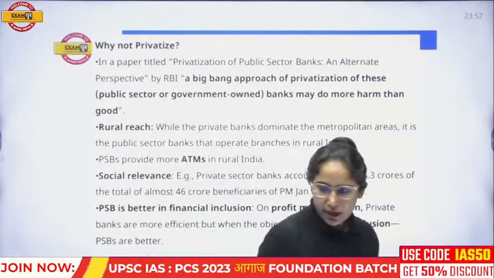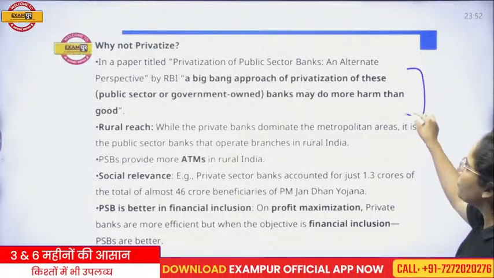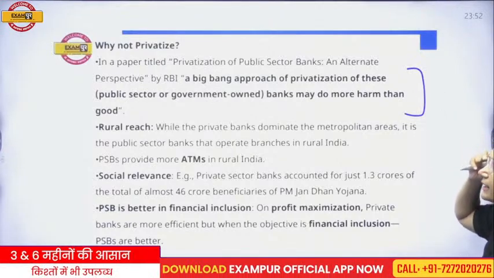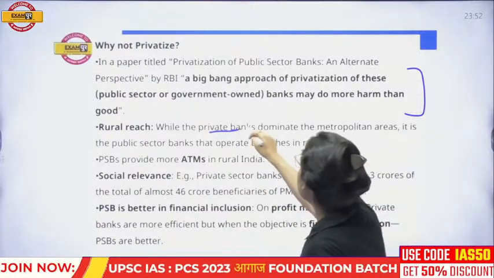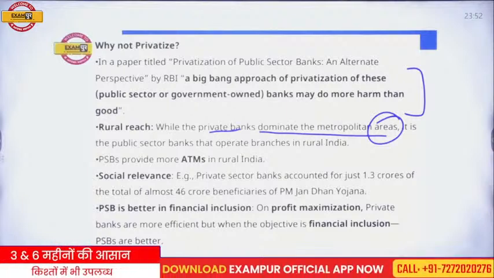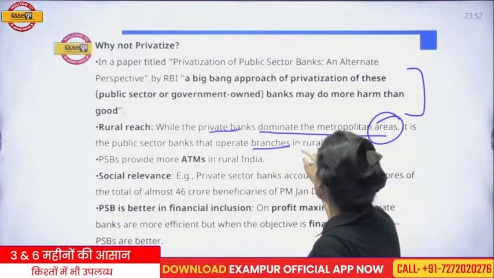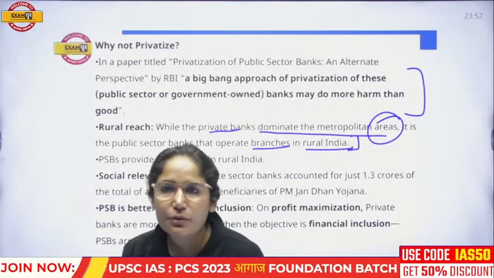So the main motive is not to extend towards profit, but towards the welfare scenario. Okay. The paper title is Big Bang Approach of Privatization of public sector, government owned banks, and rural reach. Private sector dominates the metropolitan areas. It is the public sector banks that operate branches in rural areas, trying to increase access.